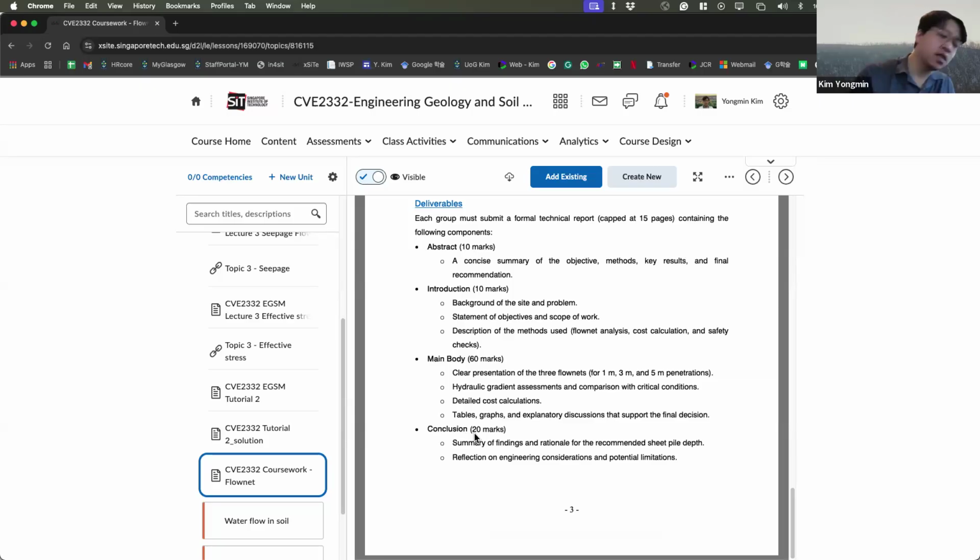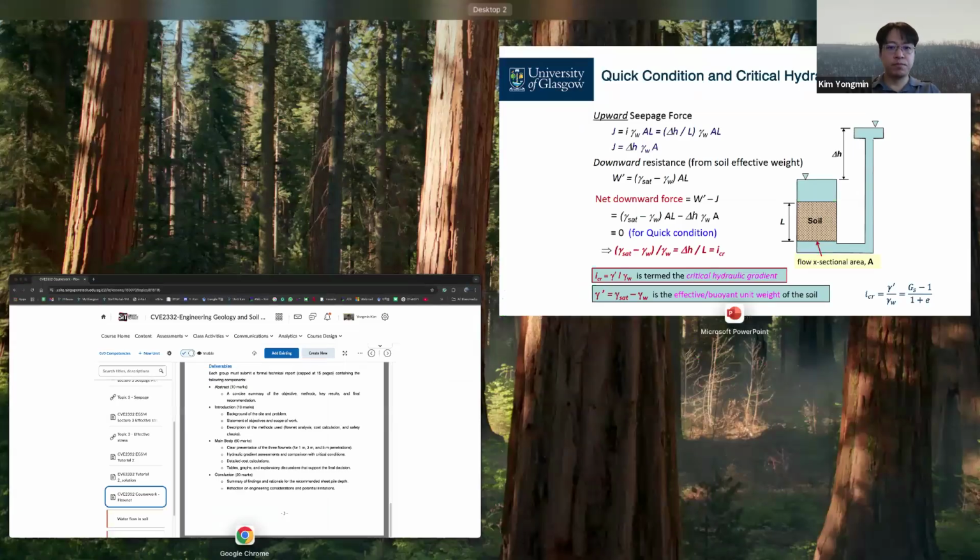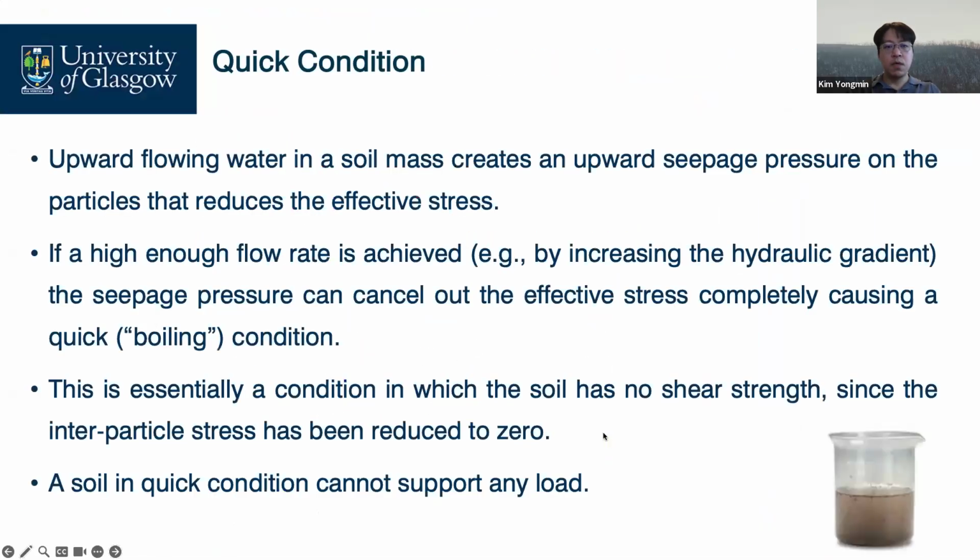During this process, you should be able to understand how we draw the flow net, how we can consider upward seepage against effective stress to protect against boiling conditions. What is the quick condition and boiling conditions?